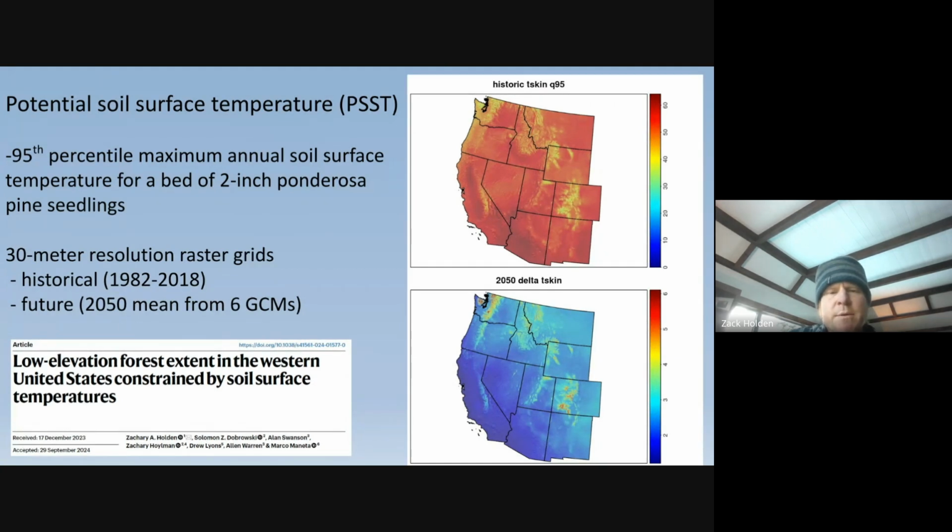And using that model, developed 30-meter rasters of sort of near maximum annual climatological maximum soil surface temperature. We do that for a bed of ponderosa pine seedlings. Those are the vegetation parameters we use in the model for calibration, and then produce a 2050 future based on CMIP6 projections. Next slide.